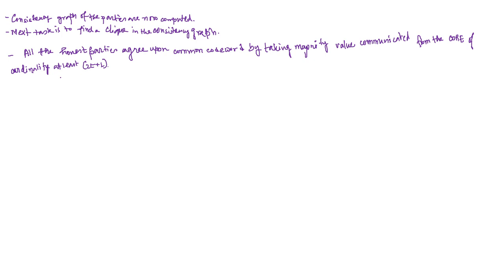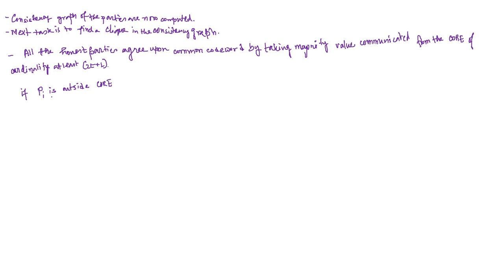So then everyone will again do a communication of its local value. Basically, all the honest parties outside the core, so if there is a party pi outside the core. The core consists of the clique only, so we call the clique with cardinality at least 2t plus 1 the core.